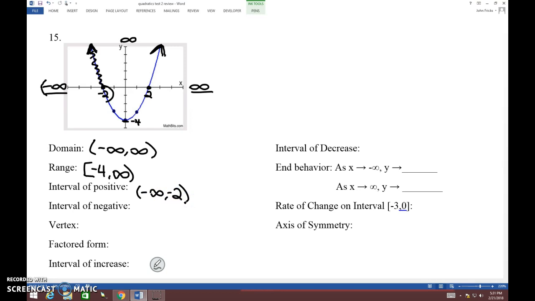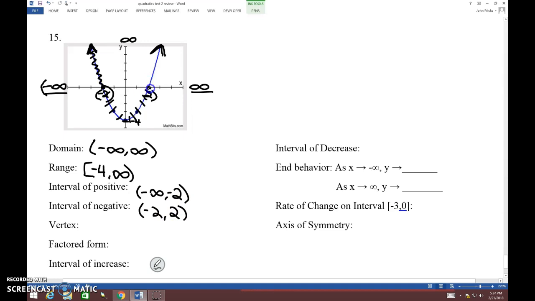Now, if I continue that same thinking, I notice these values go down after that, underneath the x-axis, from negative 2 to positive 2. So negative is going to be negative 2 all the way out to positive 2.